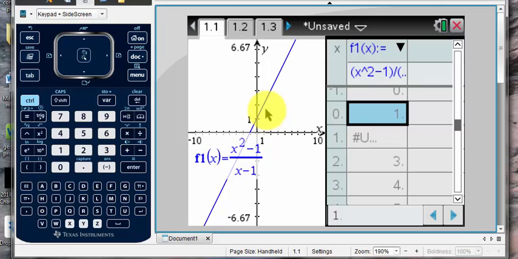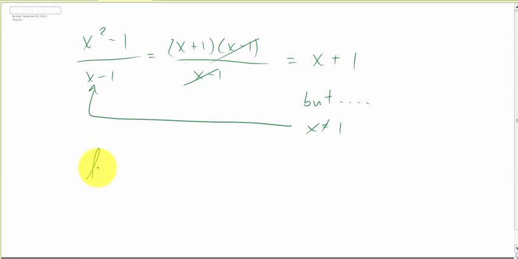The limit there does exist. The limit here, as x approaches 1, of x squared minus 1 over x minus 1 is equal to 2.